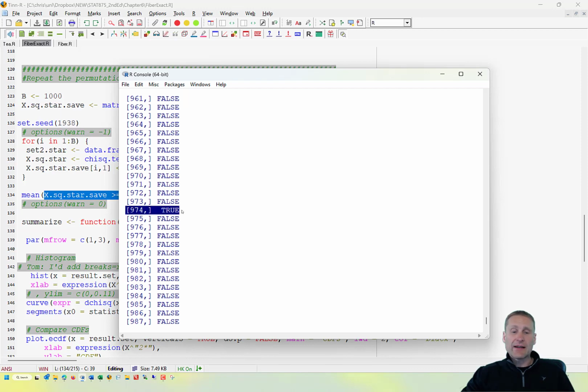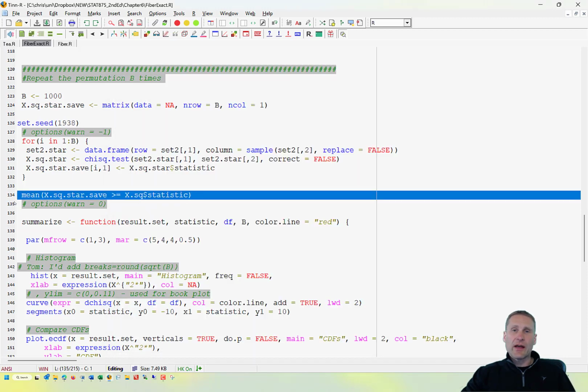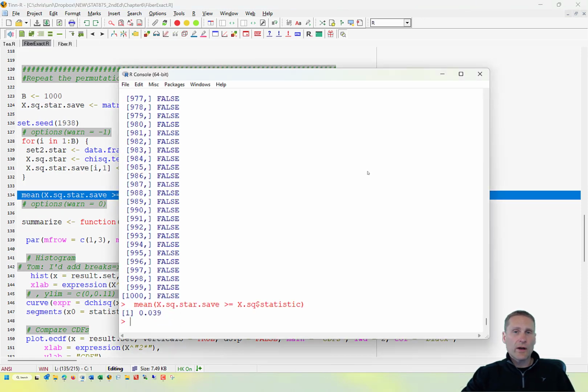For example, the 974th X squared star is actually greater than that. Then when I use the mean function with that, R is going to take the TRUEs, make them 1s, and take the FALSEs, make them 0s. The mean of 1s and 0s ends up being the proportion of times that X squared star is greater than X squared, and I get 0.039. That's my p-value for my permutation test to test for independence.